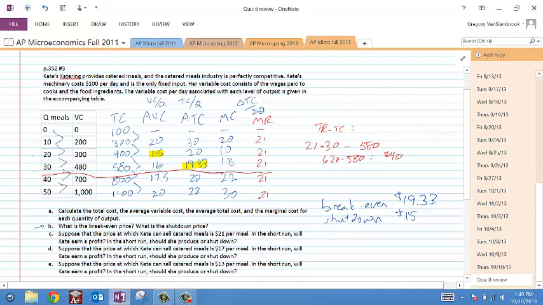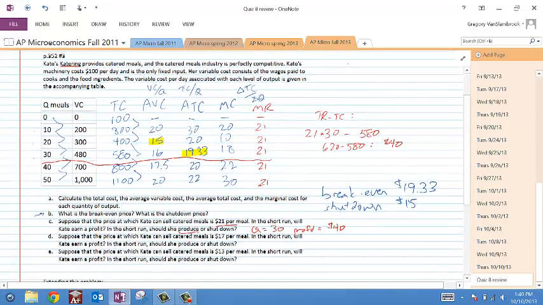So if we've got a price of $21 per meal, our profit maximizing quantity is 30 and our profit is $40. Whenever you have a positive profit, it should certainly produce. So there's our answer.